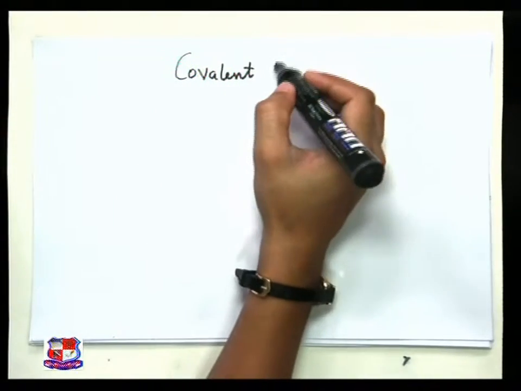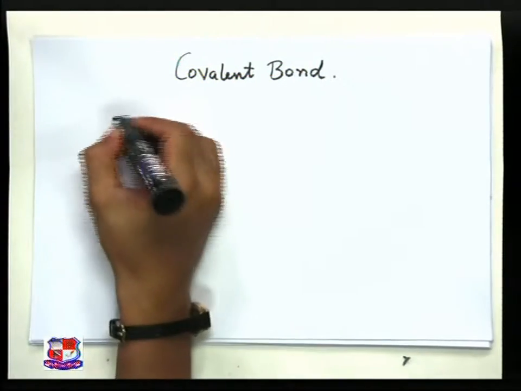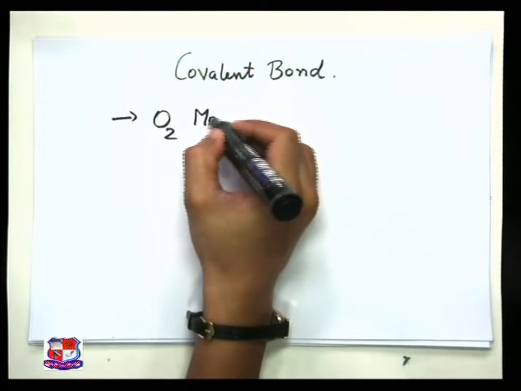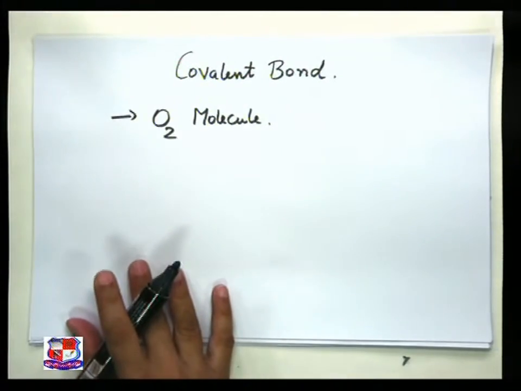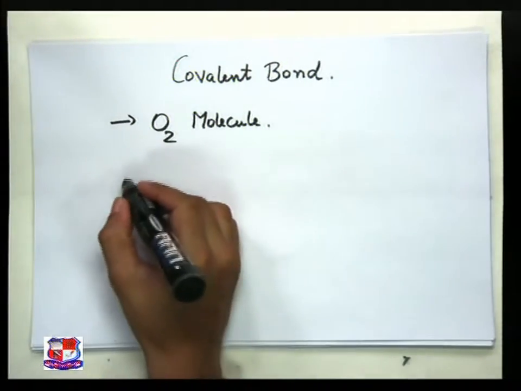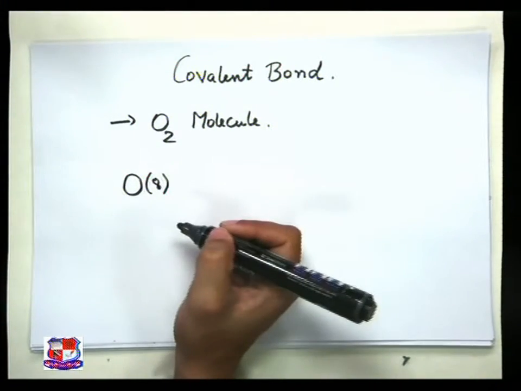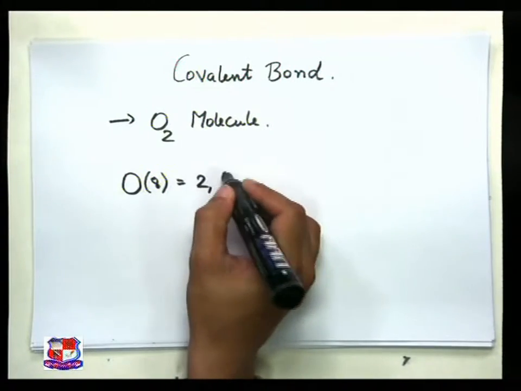You have covalent bond example. Now we will be taking O2 molecule. So what you will do here? Okay, in O2 molecule basically you have oxygen with the atomic number of 8. In that you are supposed to show 2, 6.